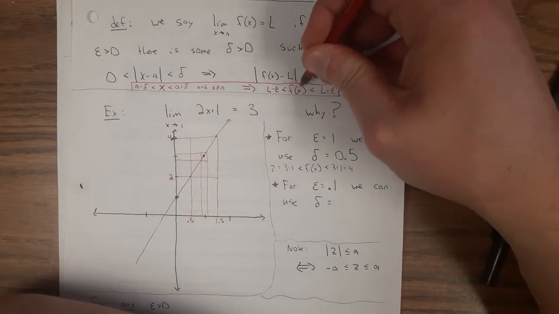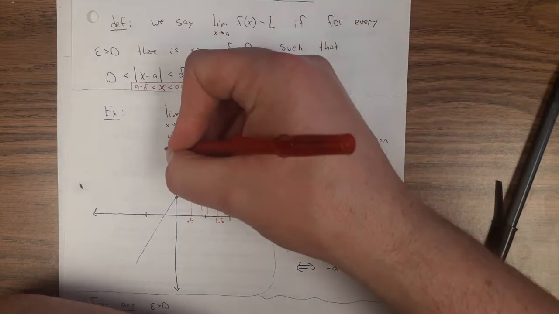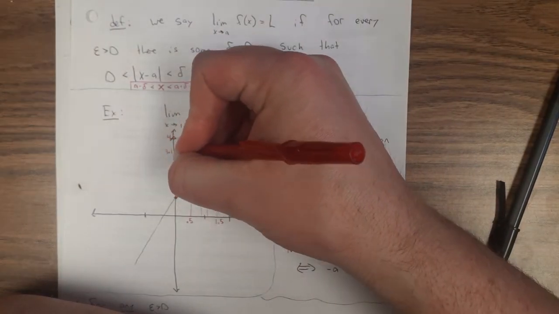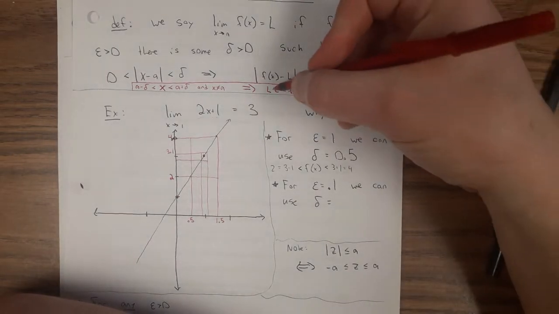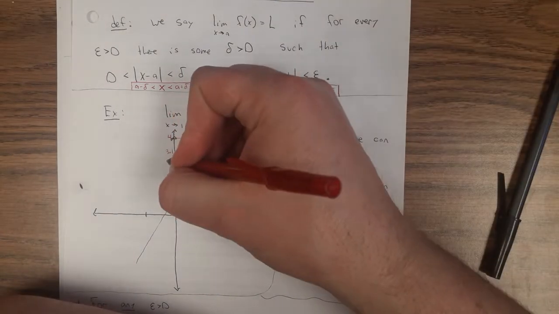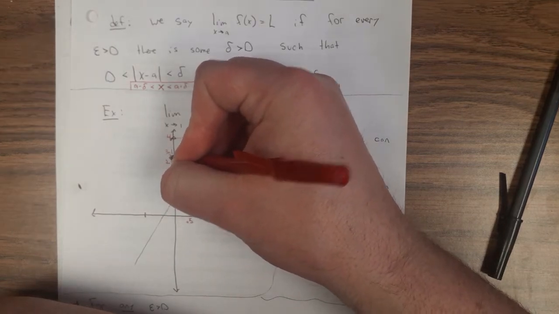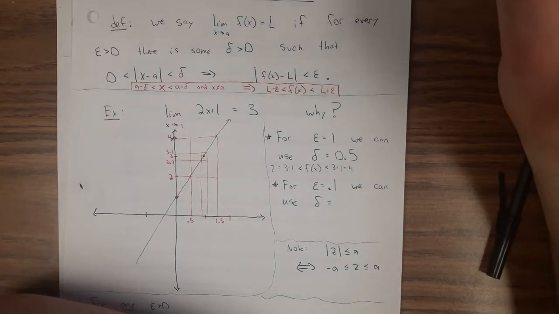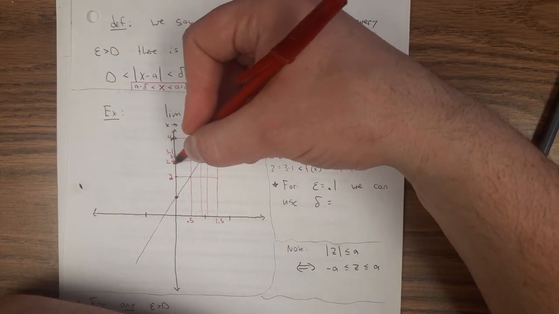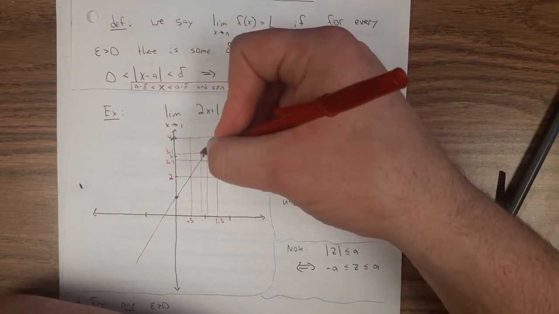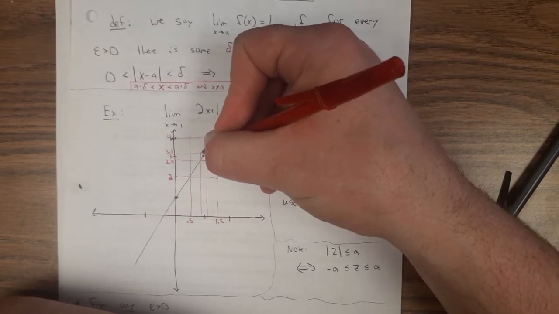So I want a y coordinate in between 3 plus 0.1, so here's a y coordinate of 3.1, and 3 minus 0.1, so I go down by 0.1, so 2.9. And I guess 3 is in the middle, right? And so I draw this smaller vertical window, and then I look down at the values of x that fall within that window.